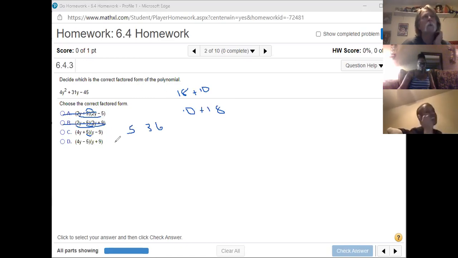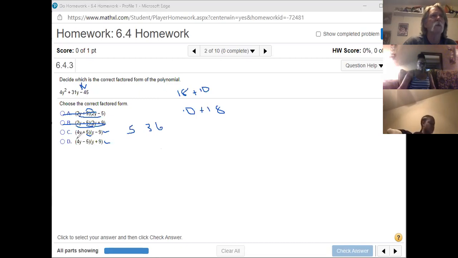Okay. Now, since this is a negative, that means one of them's going to be positive, one's going to be negative. So we're going to, it's one of these two. And I'm going with D, and let's work it out because 9 is positive, and I think that's going to give me a bigger number to subtract from.